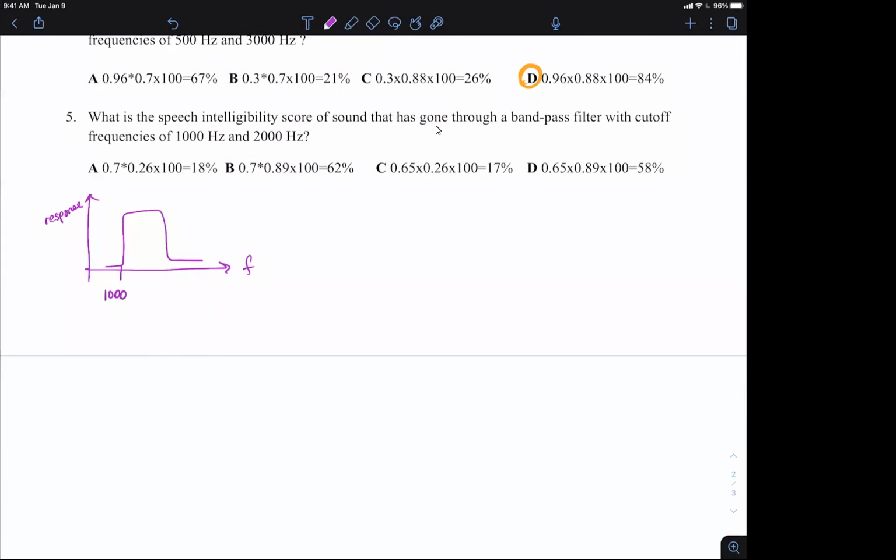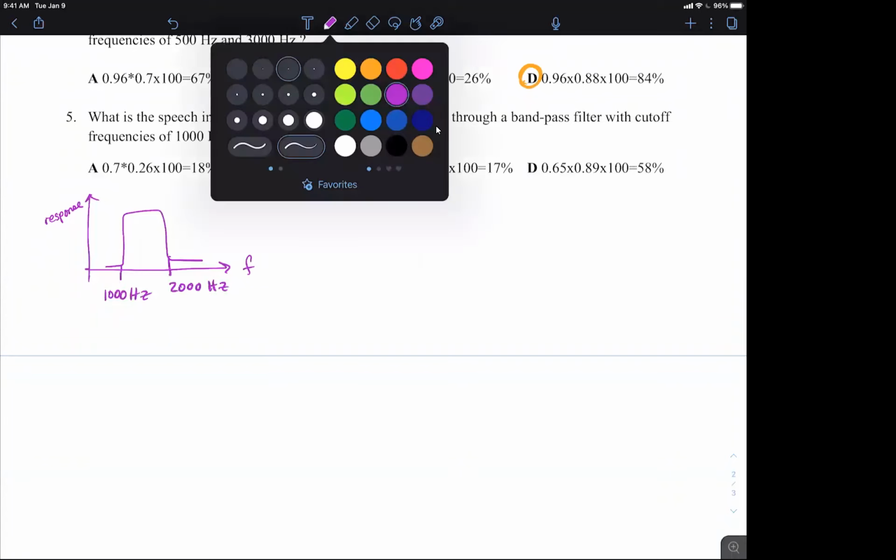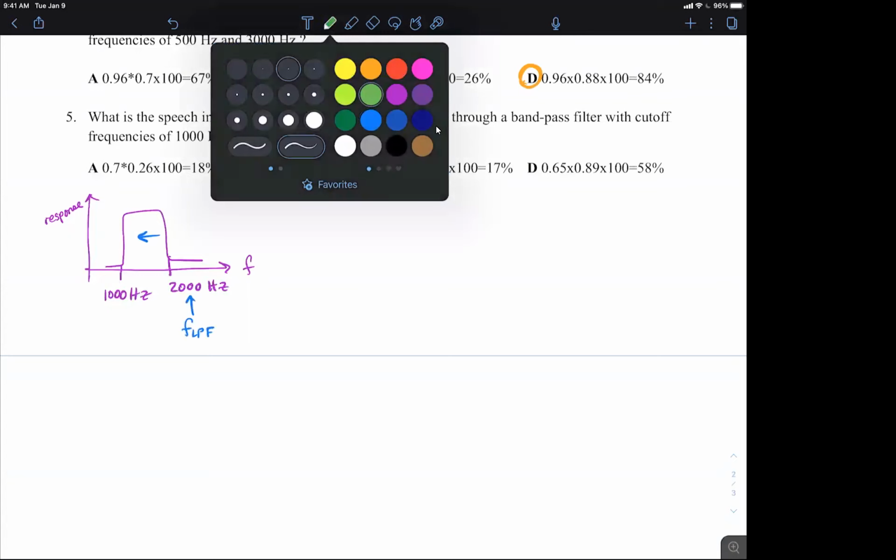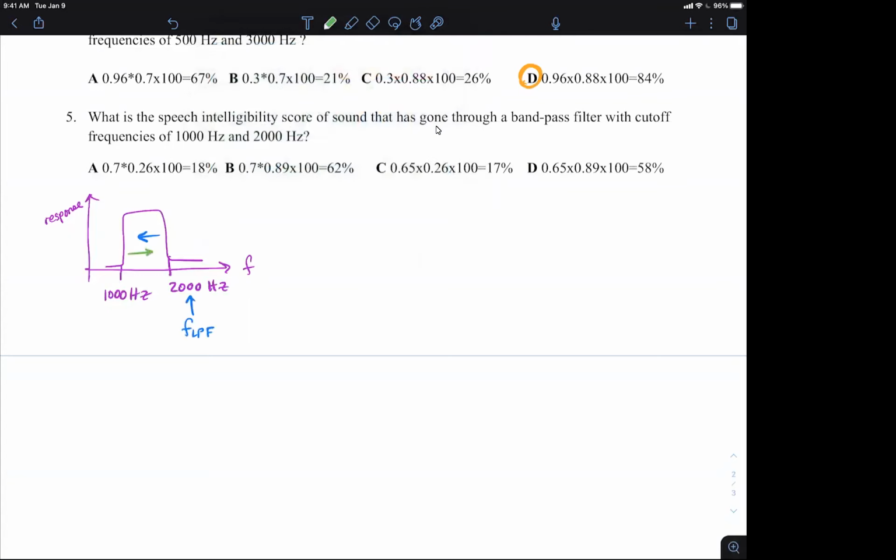We have the 1000 hertz and the 2000 hertz. And we have to make sure we carefully identify that we passed frequencies below 2000 hertz, so that is the low pass frequency cutoff. And we passed frequencies above 1000 hertz, so that is the high pass filter cutoff frequency.